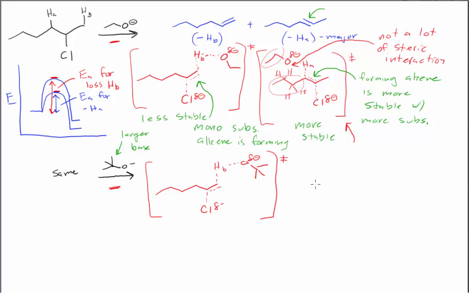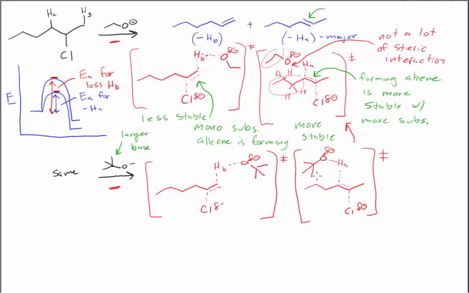And then I'll draw loss of HA. And again, our transition state with the double dagger.